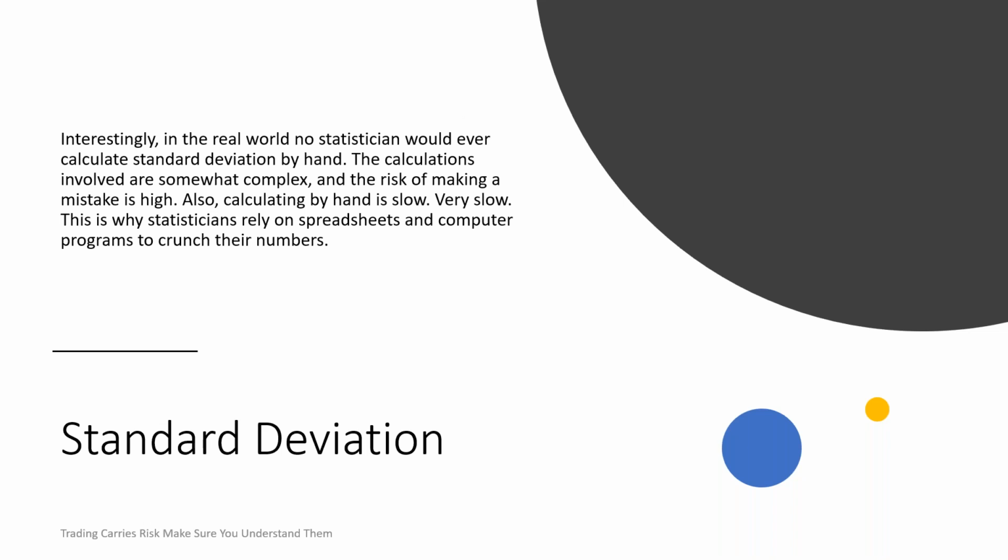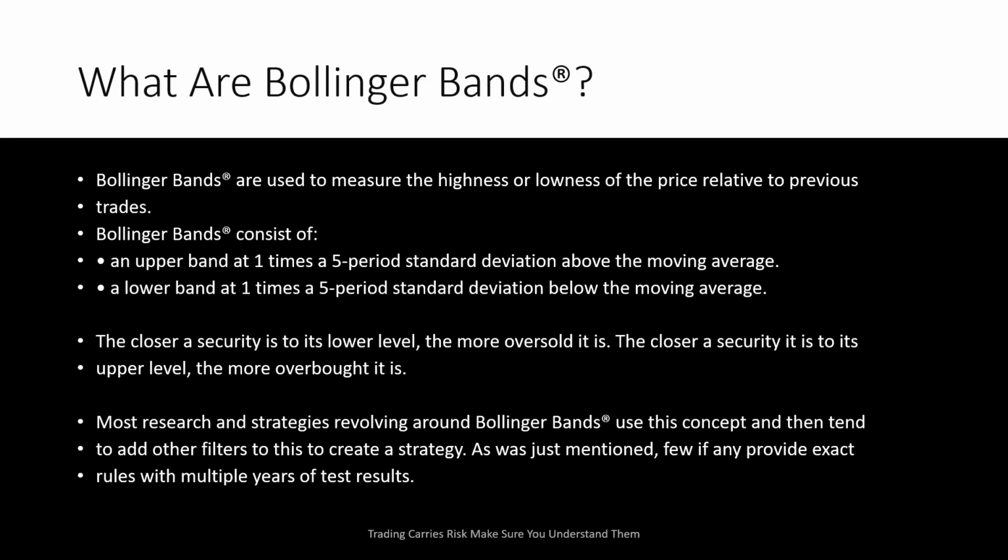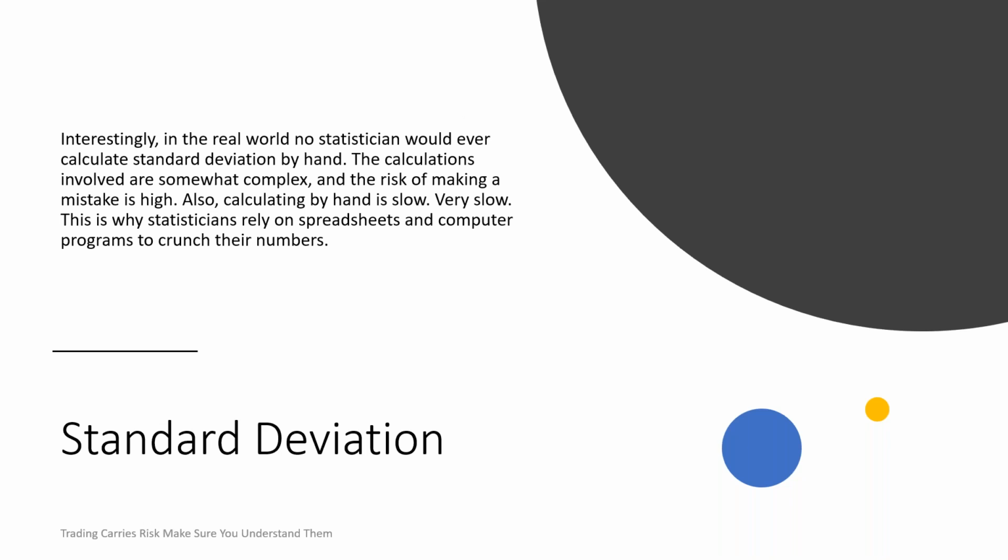Now, interesting, in the real world, Bollinger Bands is based on what's called standard deviation, and it uses a 2 times standard deviation. So the upper and the lower band are calculated by using the moving average and then applying 2 times standard deviation plus and 2 times standard deviation minus. Okay.